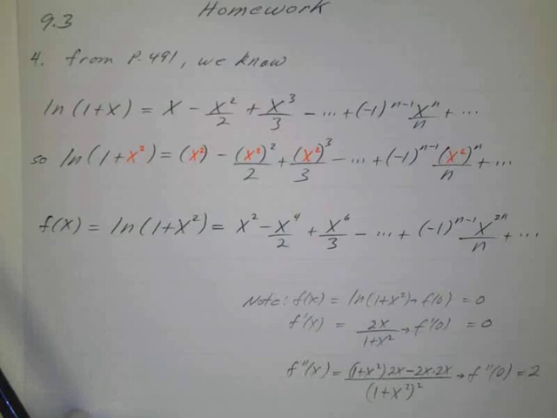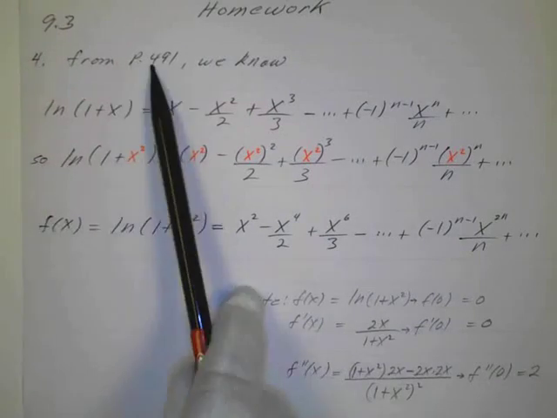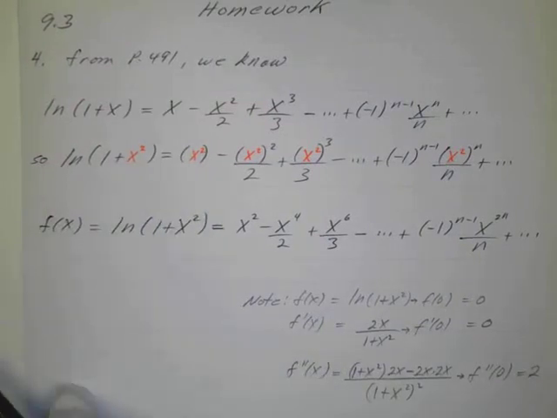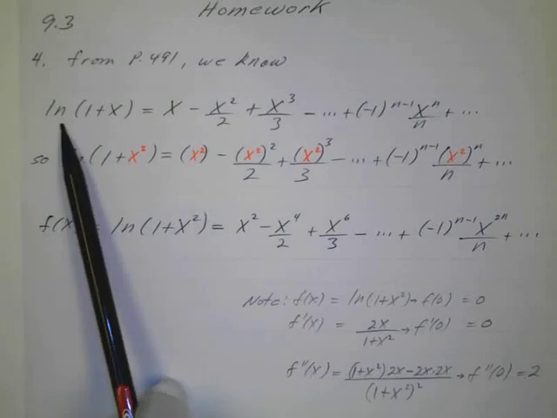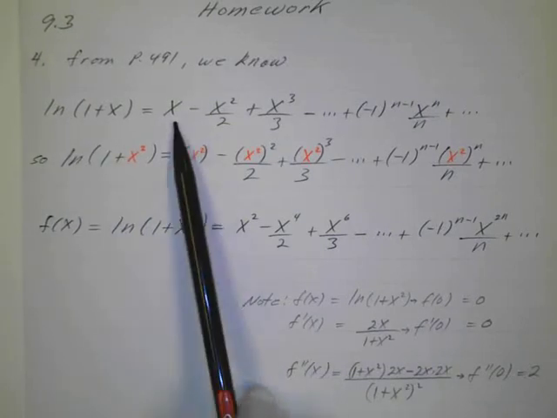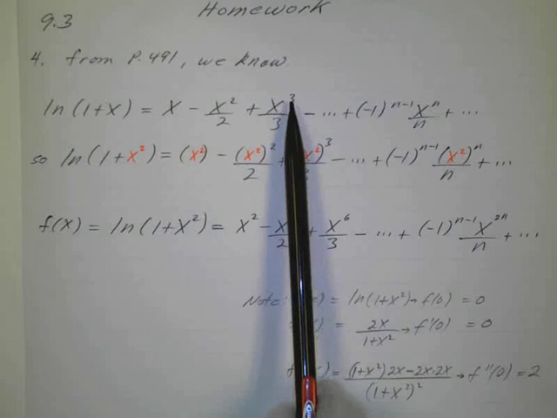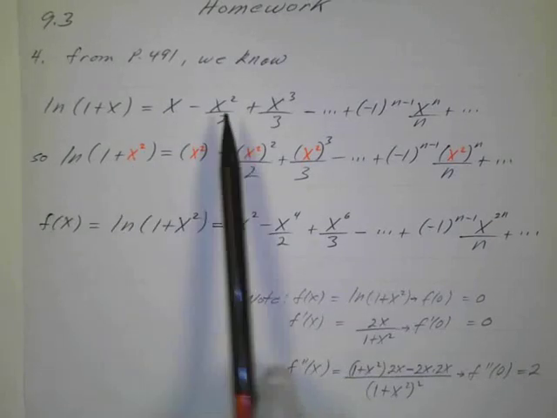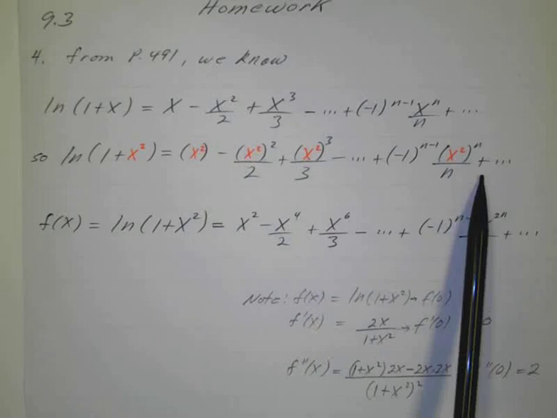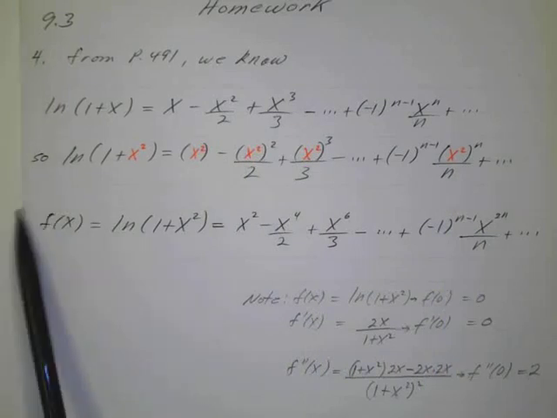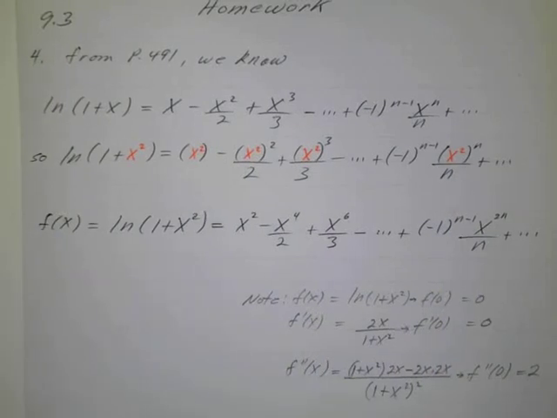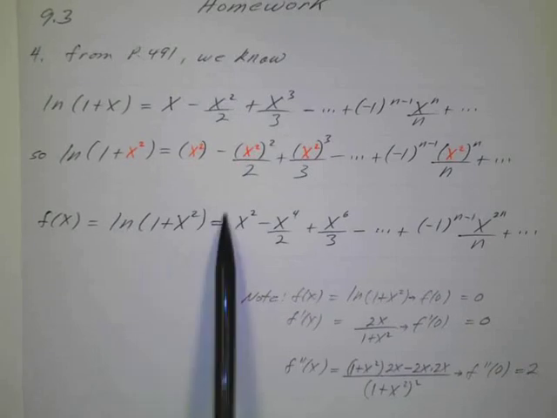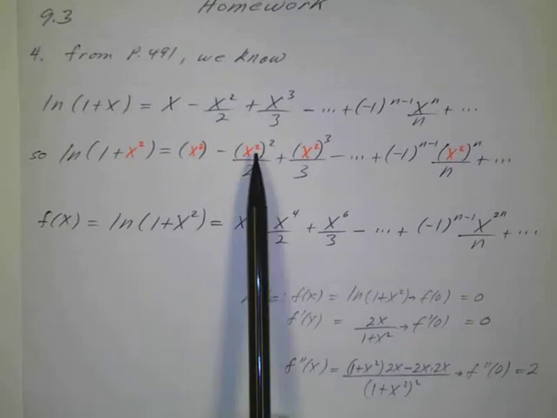From our Maclaurin's table, we know that the natural log of 1 plus x was just x minus x squared over 2 plus x to the third over 3, and this is our general term. So I can just substitute. We'll have the same interval of convergence, so I just put x squared in here. Every time I see an x, I put an x squared, and that's the expansion of my new function.